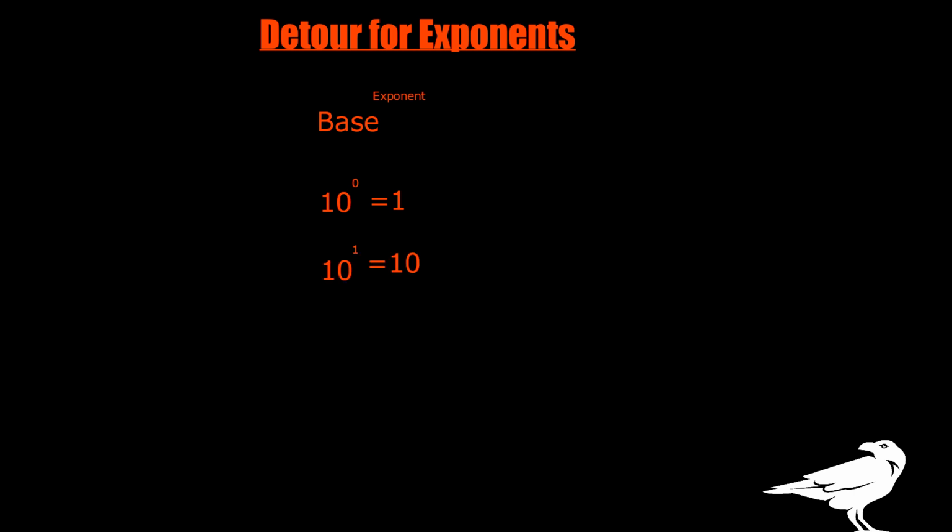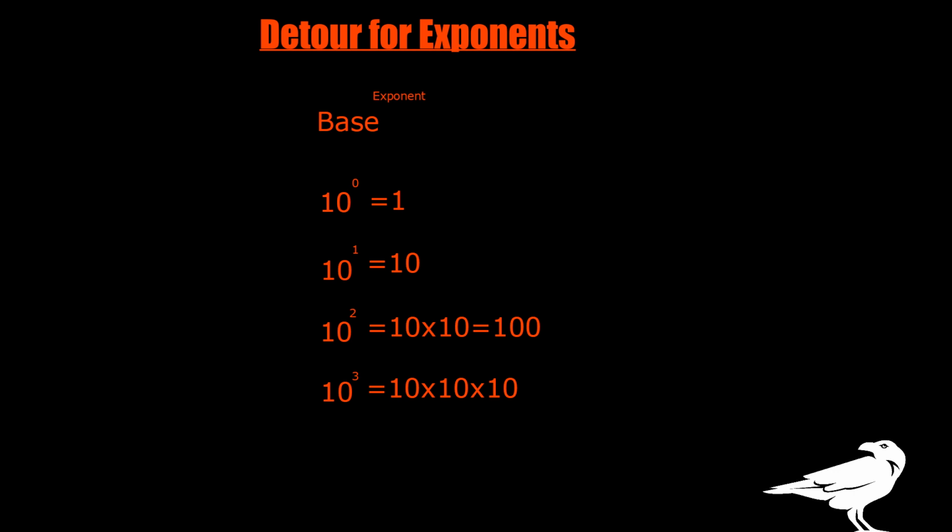And 10 to the power of 1, well, it's multiplied by itself once, which means it technically isn't multiplied, so it's still 10. You can take it as a shortcut: anything to the power of 1 is always itself. Then 10 to the power of 2 is 10 times 10, which, as I'm sure you know, is 100. 10 to the power of 3 is 10 times 10 times 10. But if you already know what 10 to the 2 is, and you times that answer by 10, that gives you 10 to the 3.